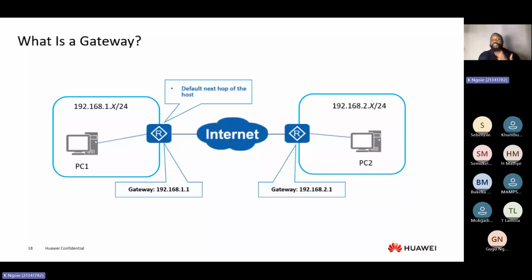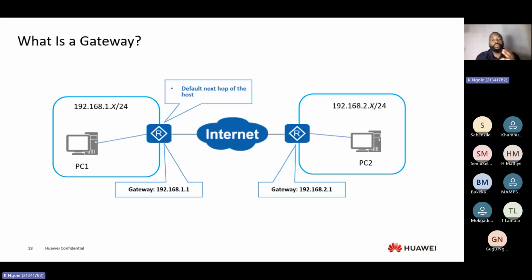So it's just a device or software that can connect two different networks and allow data to flow, right? This is usually called the internetwork connector or protocol converter. So you must think about it like a door to another network.